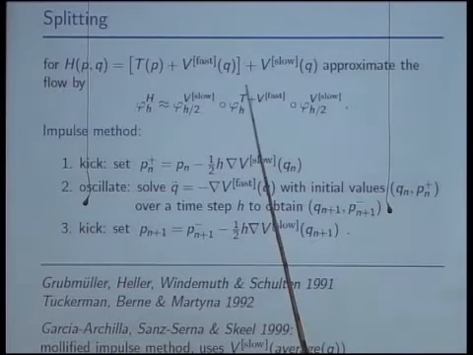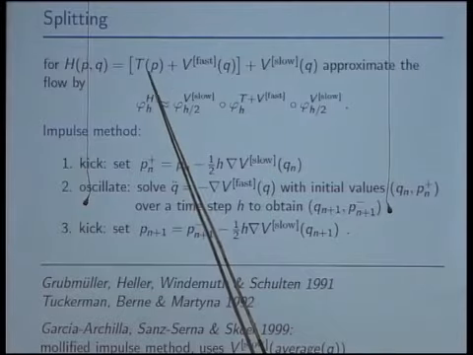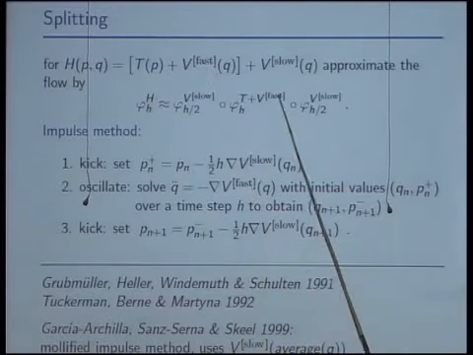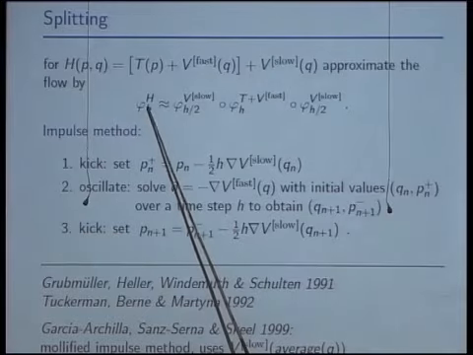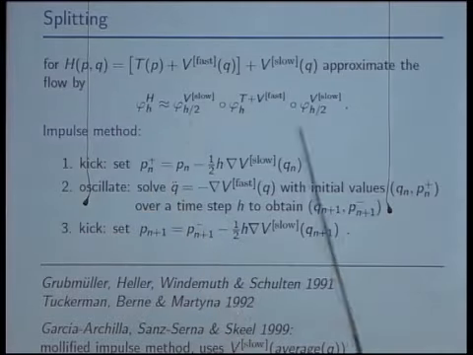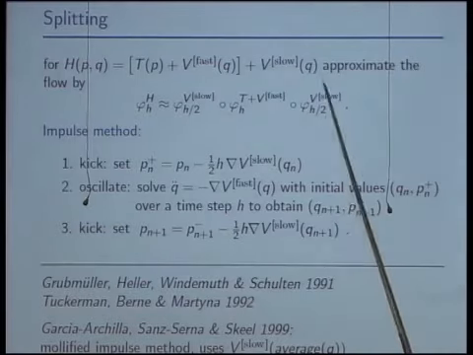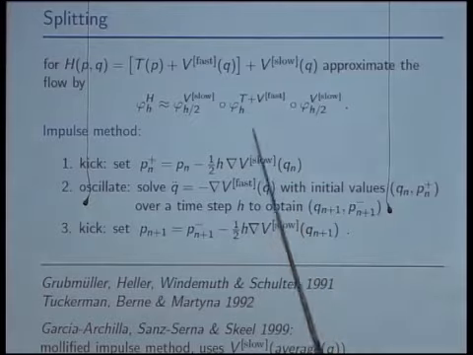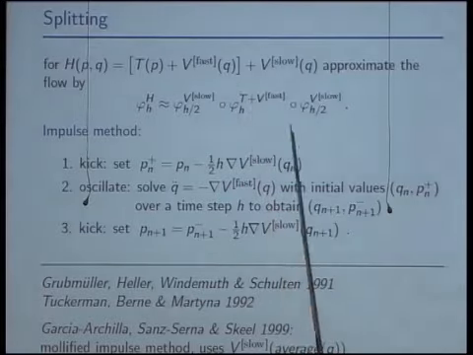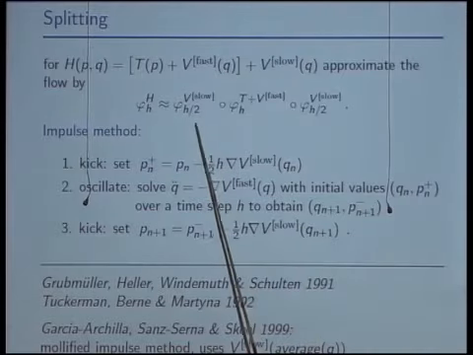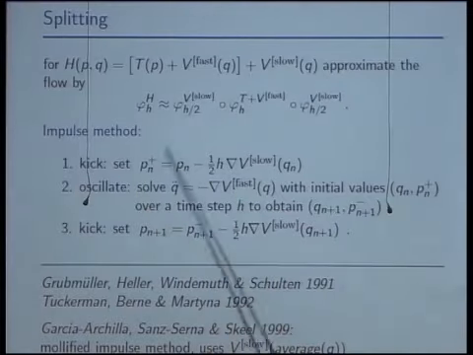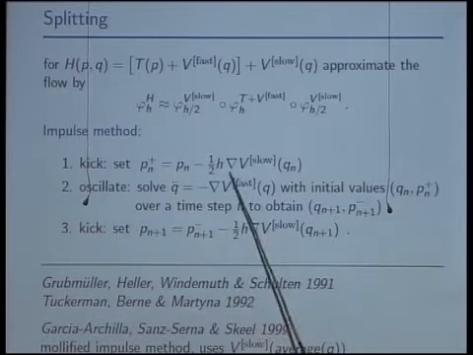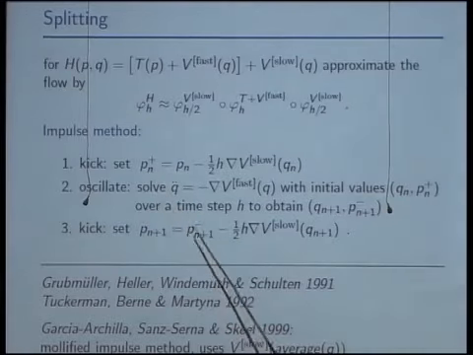And we take a splitting in the way indicated here, that we put together the kinetic part and the fast potential part, and we approximate the flow of this Hamiltonian system over time step h by taking first a half time step just with the slow potential, then a full time step with the kinetic plus fast potential, and again a half time step with the slow potential. And this leads to the so-called impulse method, which in the first step just modifies the momenta.